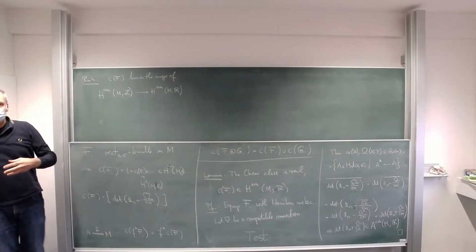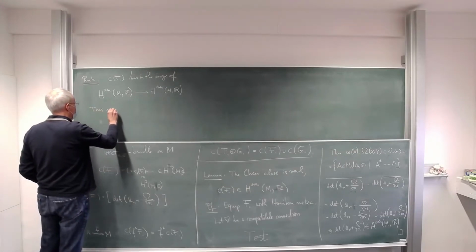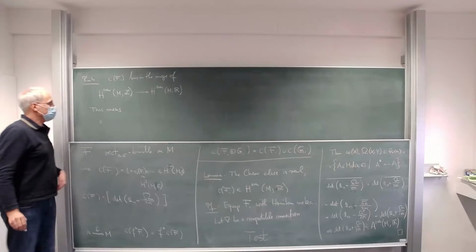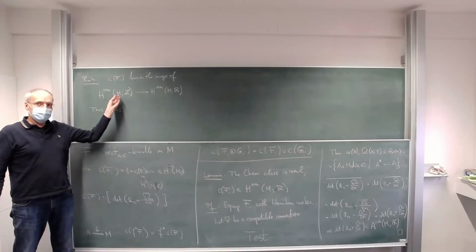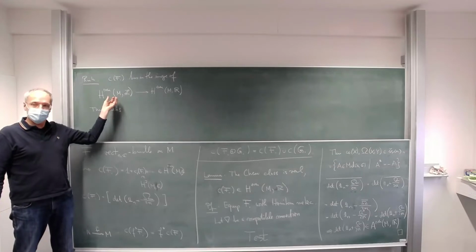And concretely, what this means is that if I pair the cohomology class with anything integral, with an integral cycle, then I get an integer as a result.